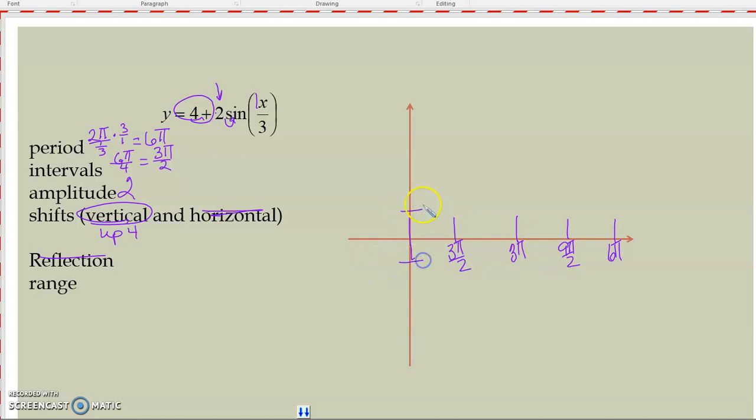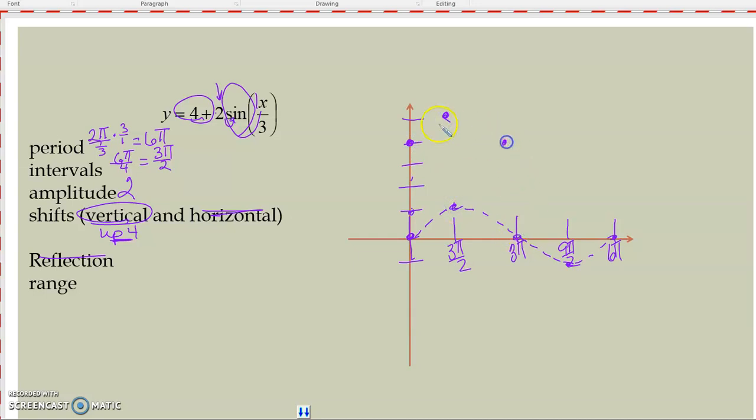I'm again going to do my original. Now this is a sine, and sine starts at 0, right? So here is my sine wave, and I've got to go up 4. So every mark is going to move up 4. So here's 1, 2, 3, 4. This mark's going to go up 4.